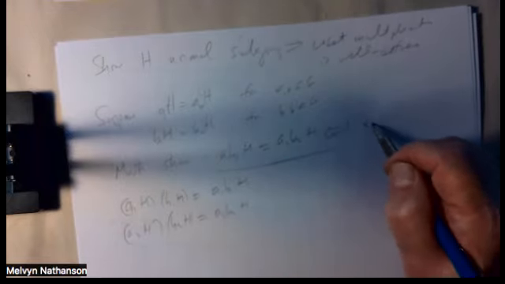But A1B1H equals A2B2H if and only if (A1B1) inverse A2B2 is in H. Right? Two cosets are the same means A1B1 is related to A2B2, which is the same as saying that B1 inverse A1 inverse A2 B2 has to be in H, because (A1B1) inverse is B1 inverse A1 inverse.